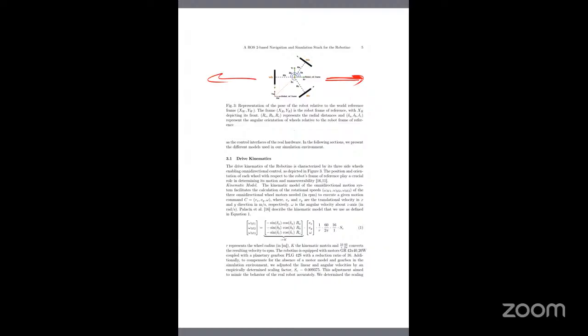Then we have three different wheels, one, two, three. How much speed should each wheel rotate at? The mathematical model that is used to find all of those is what is called a kinematic model.